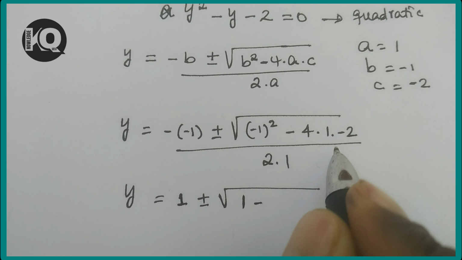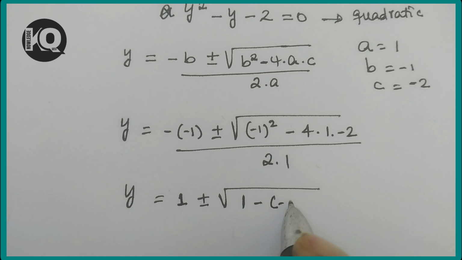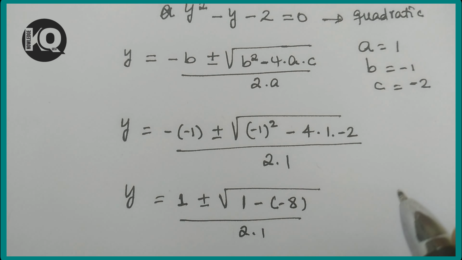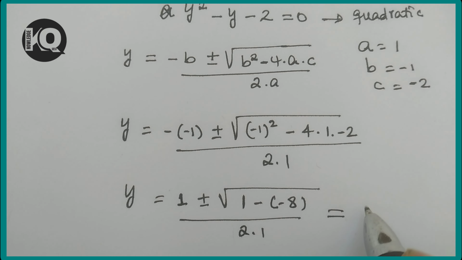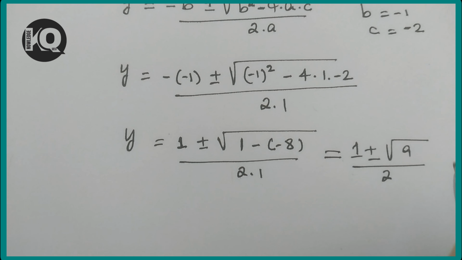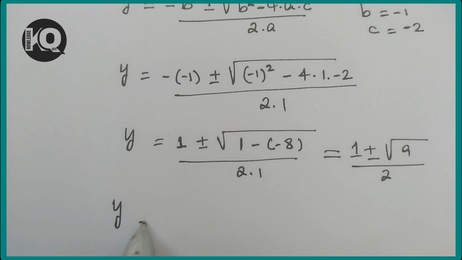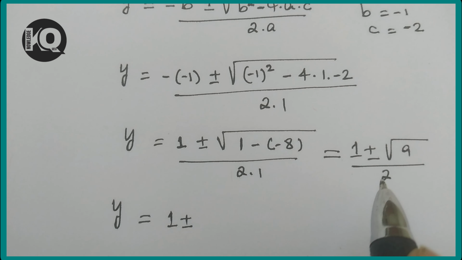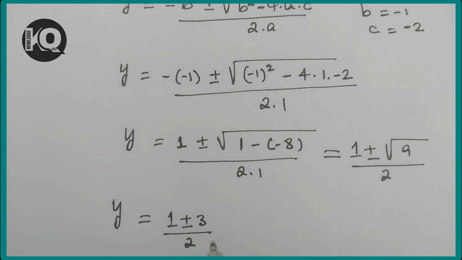minus 4 times 1 times minus 2, which is minus 8, divided by 2 times 1, which is equal to 1 plus or minus the square root of 1 plus 8, which is 9, divided by 2. Then y is equal to 1 plus or minus the square root of 9, which is 3, divided by 2.